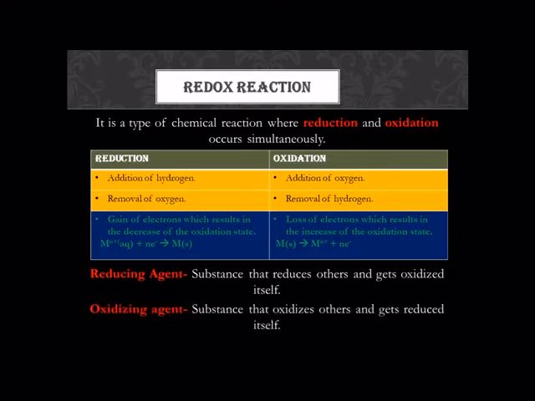An oxidizing agent oxidizes others and itself gets reduced. So a redox reaction is simply the combination of reduction and oxidation, and you need two different agents, a reducing agent and an oxidizing agent. In electrochemistry, we basically deal with the transport of electrons. So gain or loss of electrons is the suitable way to define a redox reaction in electrochemistry.